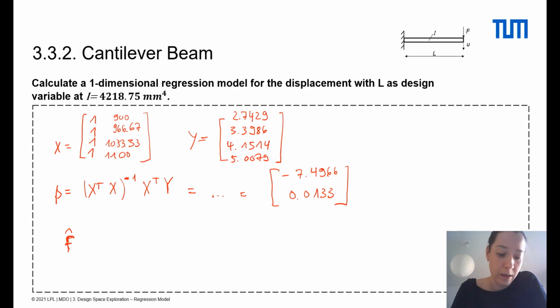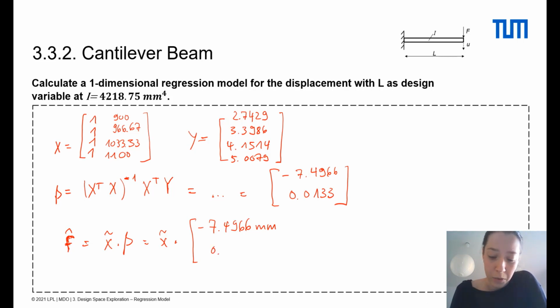In this case, we have f hat is X tilde times beta, so X tilde times minus 7.4966, and of course that's millimeters, and 0.0133.